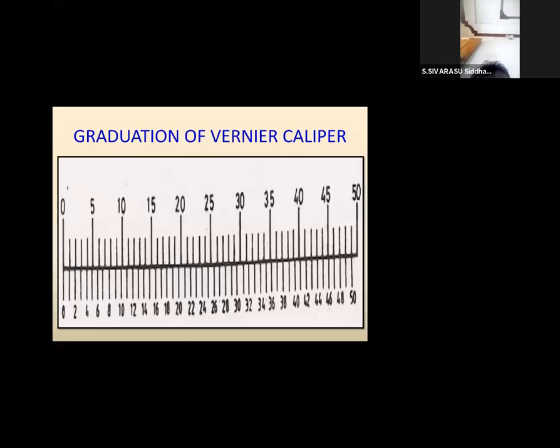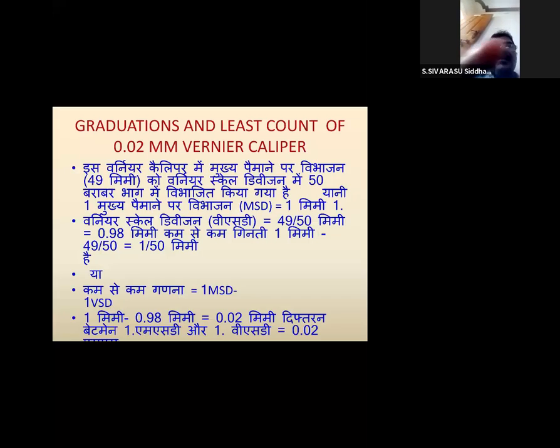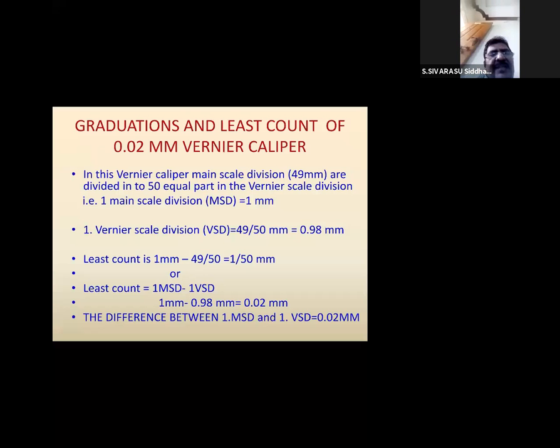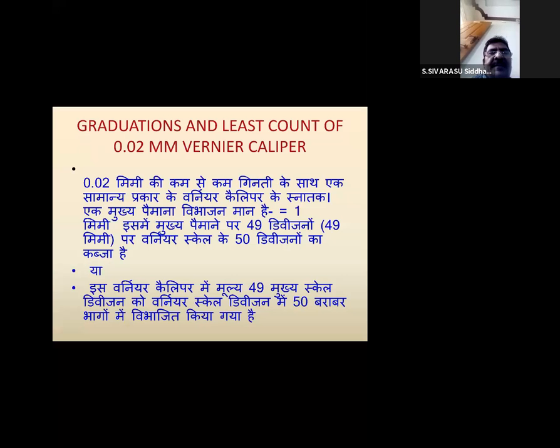In that 0.02 accuracy, that means 0.02 least count, how it has come, that we are going to discuss. Here also, the main scale division which is marked throughout the length of the vernier caliper, one main scale division value is 1 mm. In this, they have taken 49 main scale divisions.